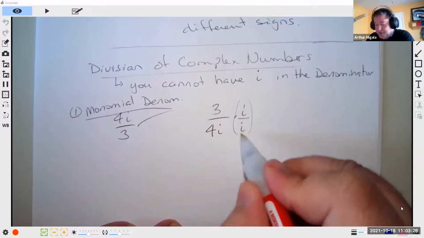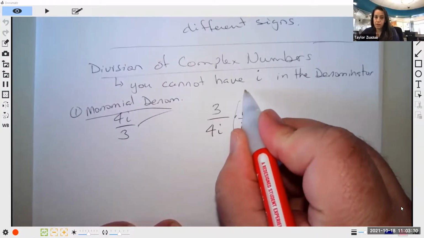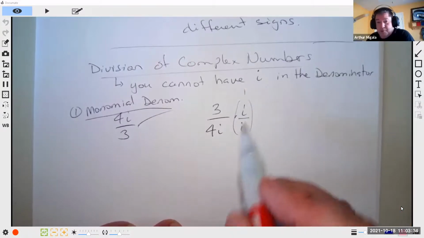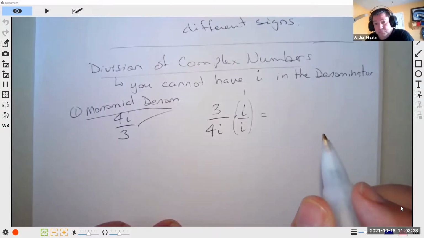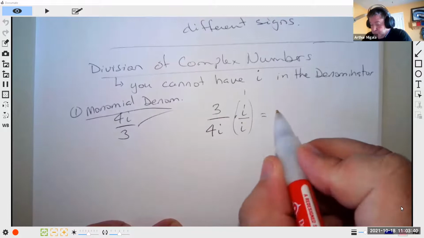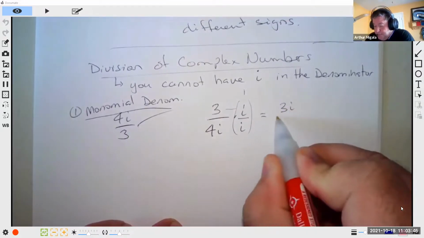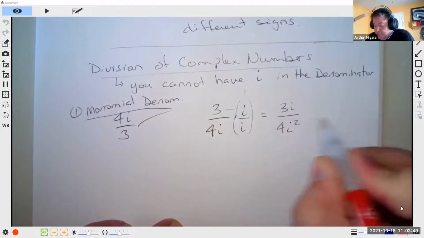Because what is i divided by i? Anything divided by itself is 1. So all I'm doing is multiplying by 1. So 3 times i is 3i. 4 times i is 4i squared.